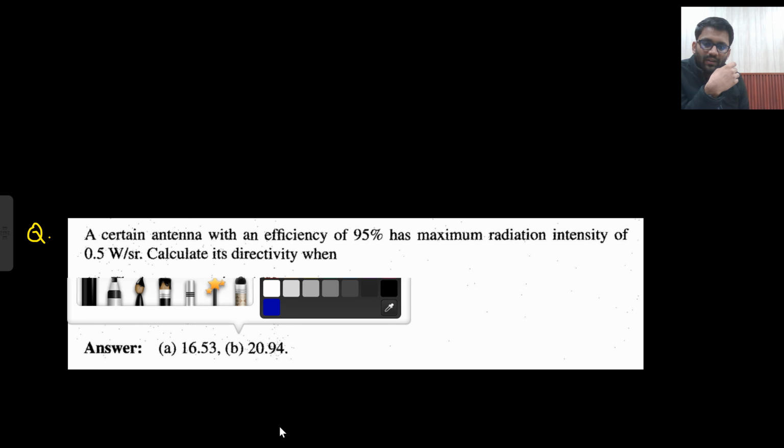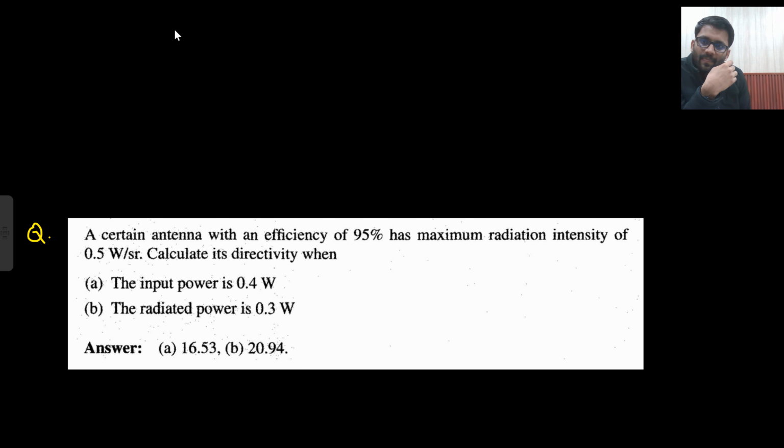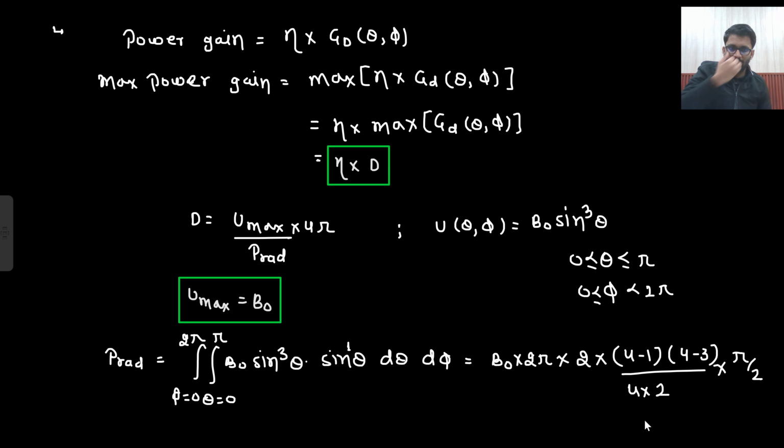Okay, so what P radiated are we getting here? So this is 3 only. Here 2 and 2 are getting cancelled, this 2 and this 2 are getting cancelled.